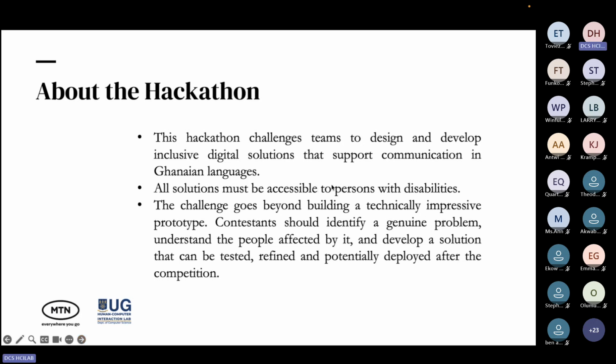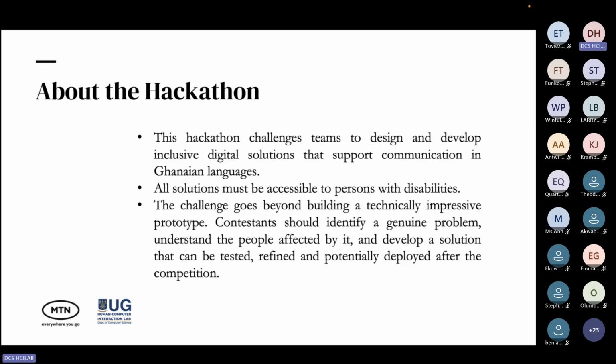So what is the hackathon about? The Tekyermapa hackathon challenges teams to design and develop inclusive digital solutions that support communication in Ghanaian languages. All solutions are expected to be accessible to persons with disabilities. For this year, the challenge goes beyond building a technically impressive prototype.